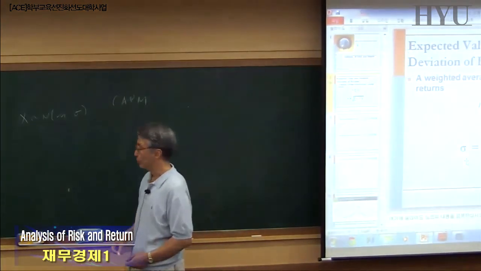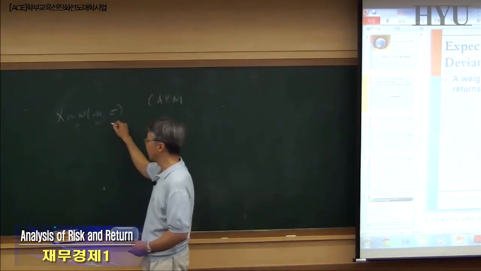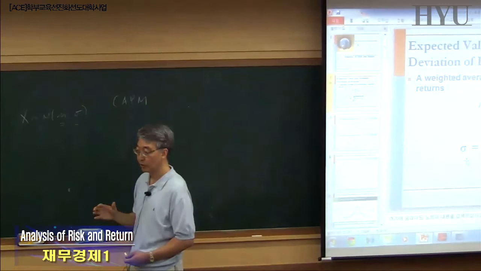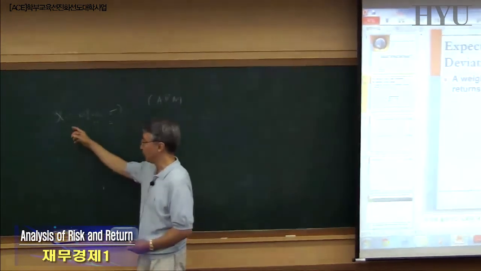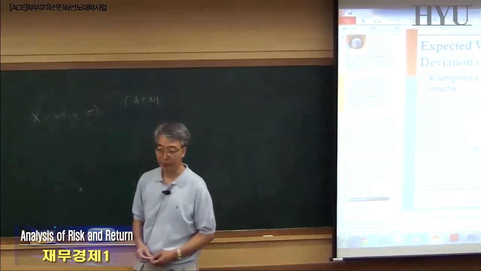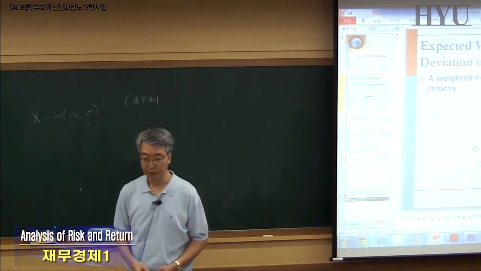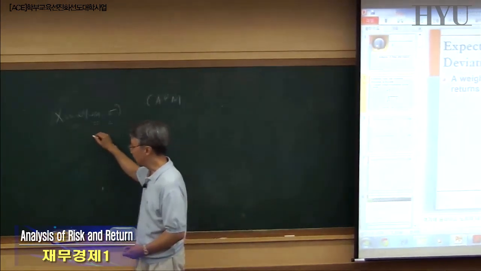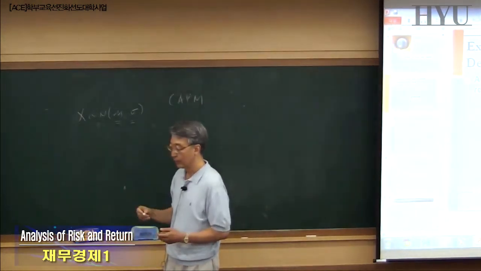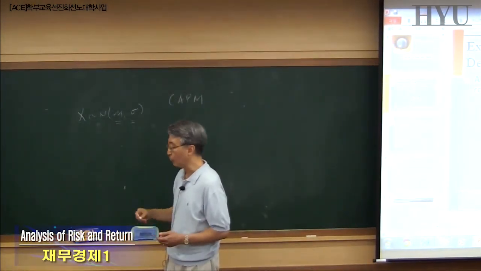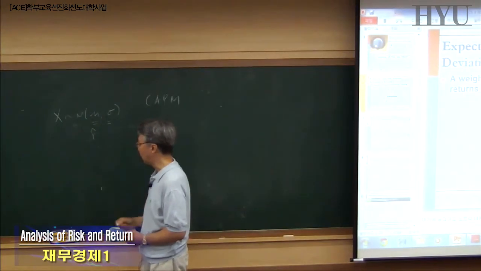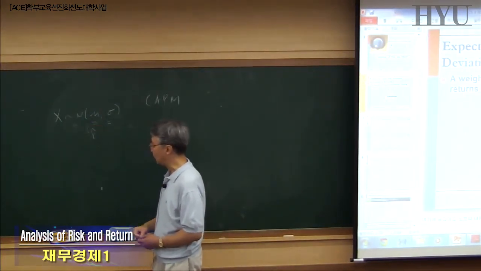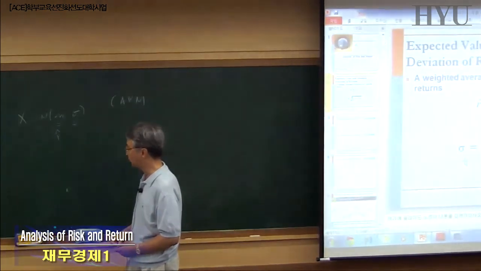So if you know the mean and standard deviation, then you pretty much understand the behavior of a certain random variable. In terms of stock returns, we just use R hat to replace the mean value or expected value of stock return.